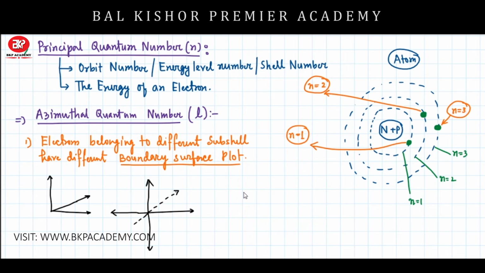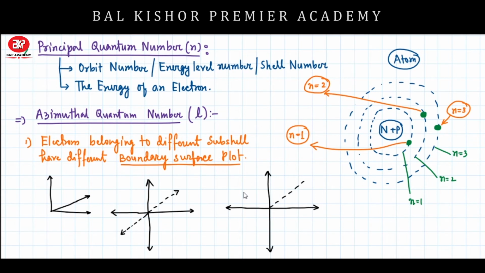This is the second plot I am drawing, and the third nature of the plot is like that. These are the three axes or coordinates.